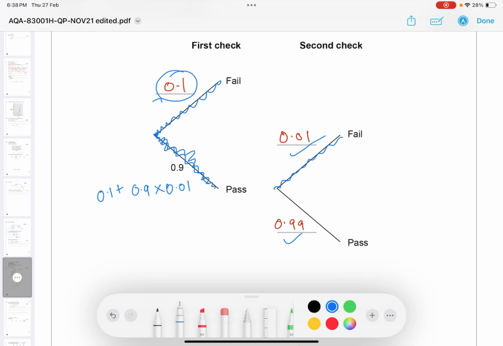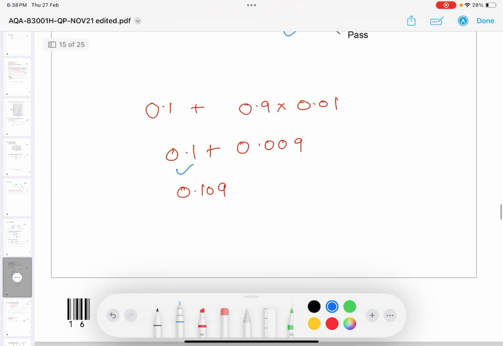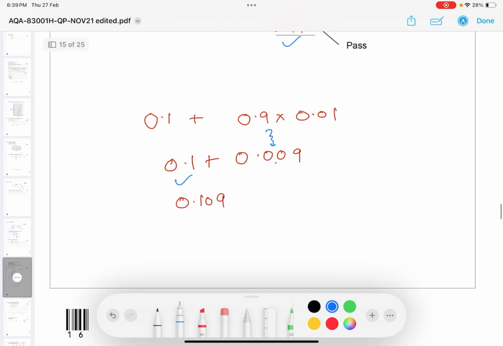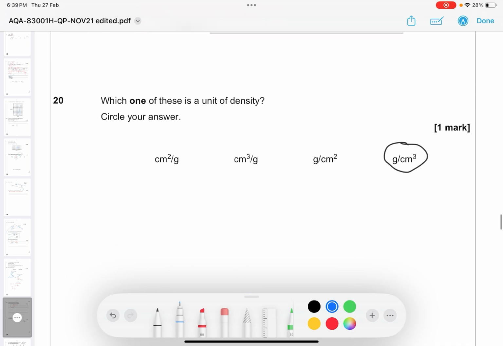These are mutually exclusive events, that's why we are adding them. If we solve it, we get 0.1 plus 0.009, because 0.9 times 0.01 is 0.009. The answer would be 0.109. Let us move on to the next question.